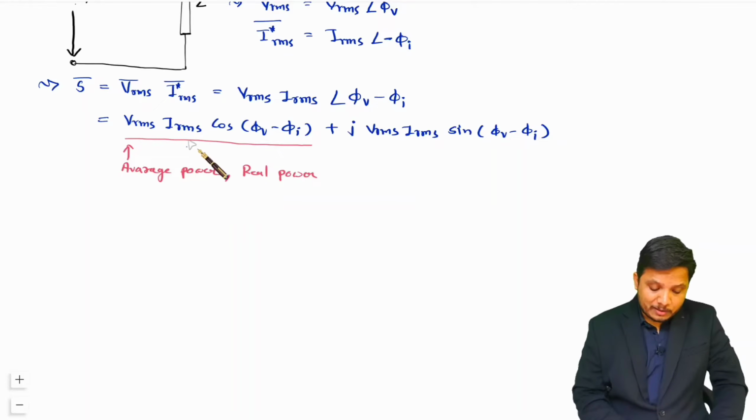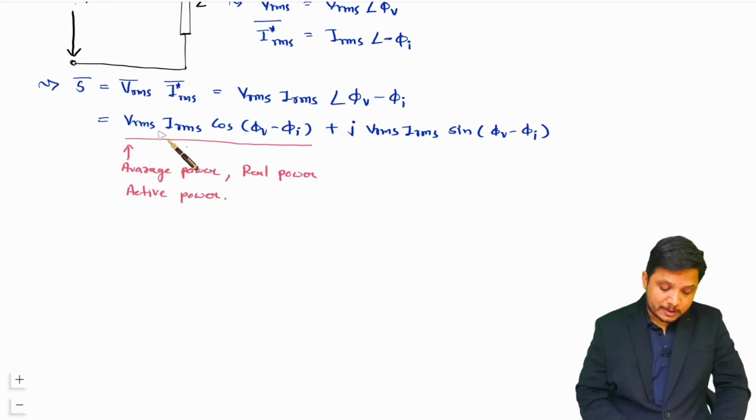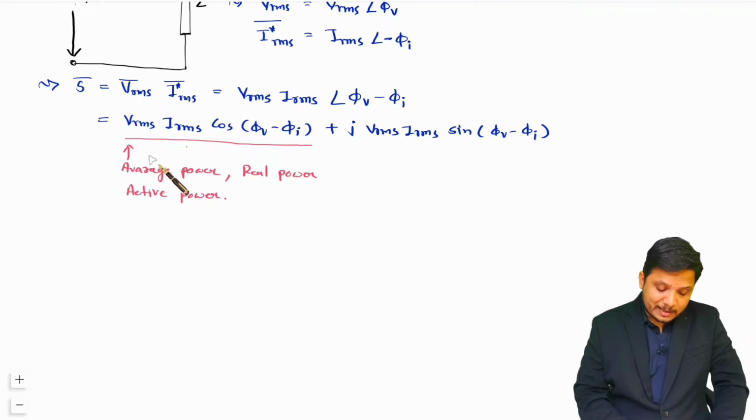This is the amount of power that gets absorbed by the load, so it is also referred to as active power. So this first term is average power, real power and active power.